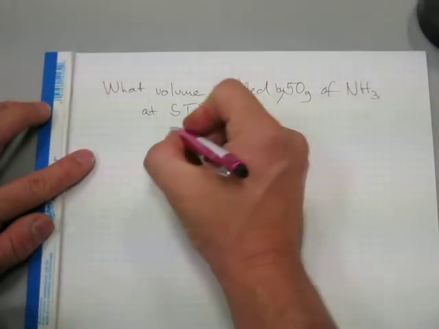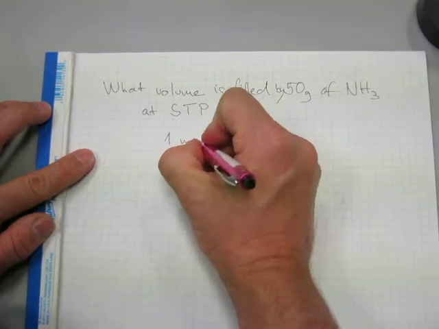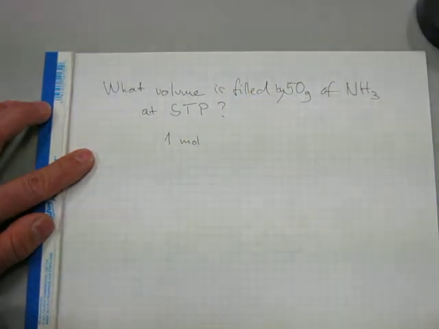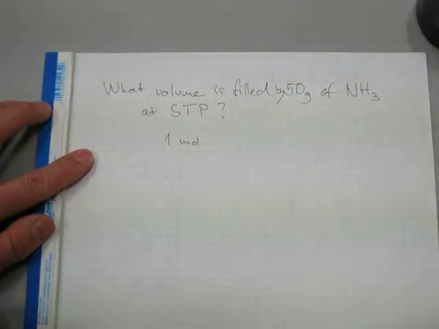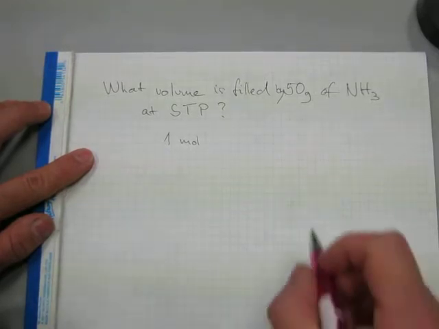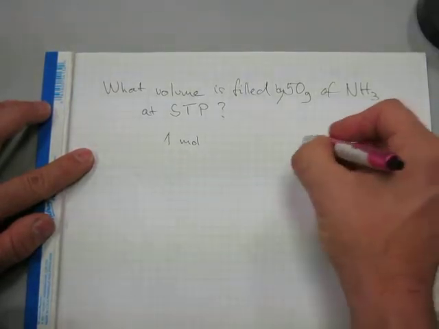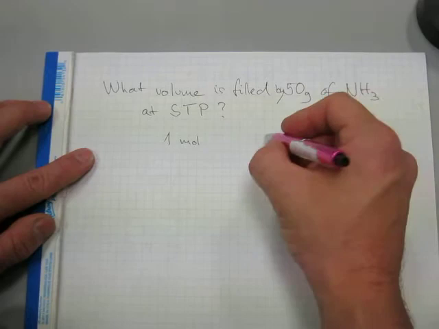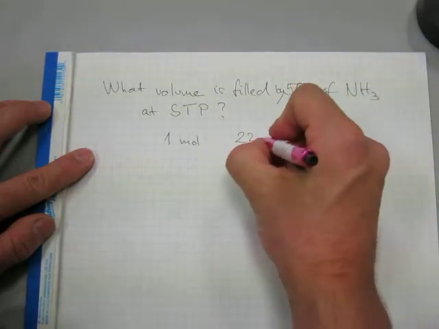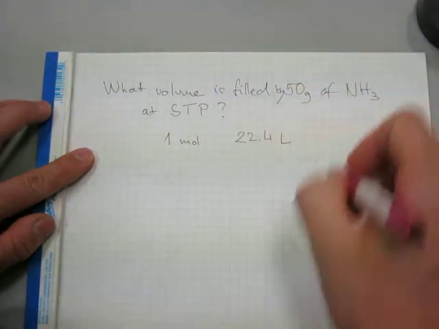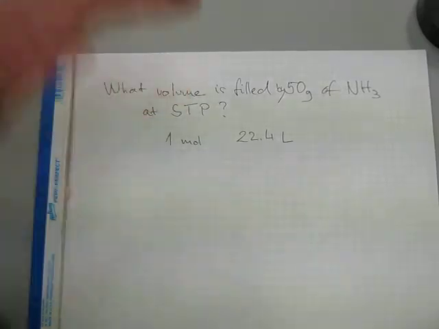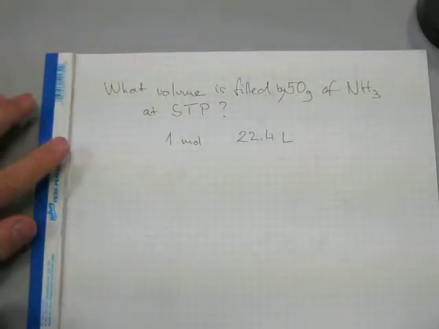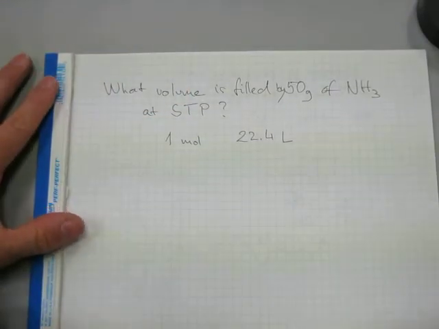Now, we know that every one mole of matter or 1 mole of gas is taking up a space of 22.4 liters. Every 1 mole of gaseous matter takes up 22.4 liters exactly.